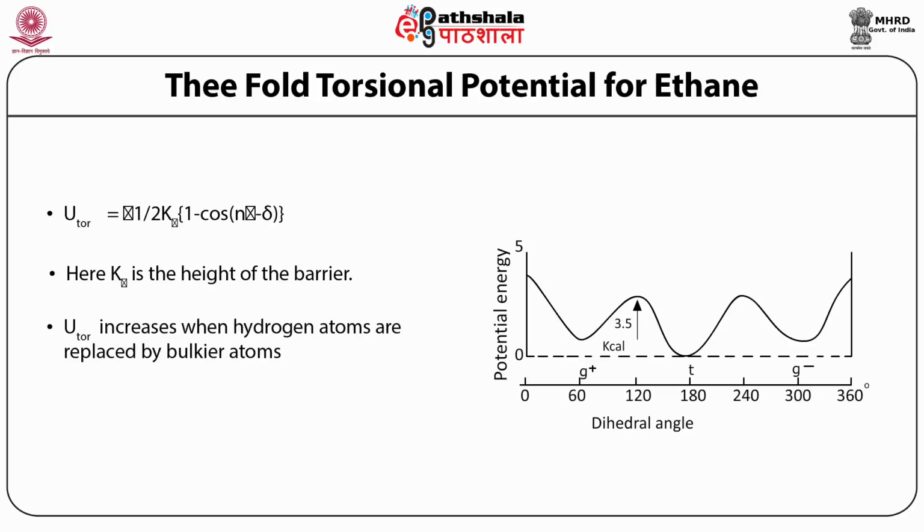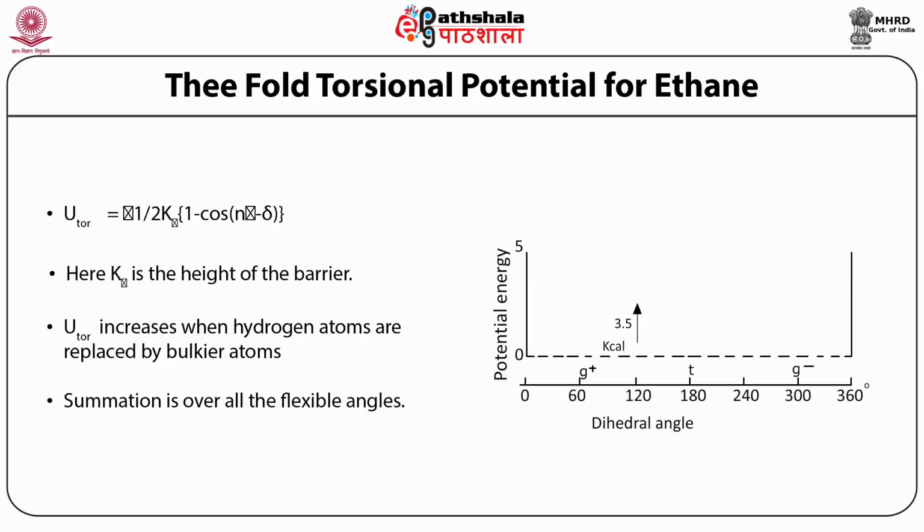U tor increases when hydrogen atoms are replaced by bulkier atoms, and in this case the summation is taken over all the flexible angles. Like if we rotate only 2 bonds, then the summation will be of 2 terms. If there are 3 simultaneous rotations, the summation will be of 3 terms.